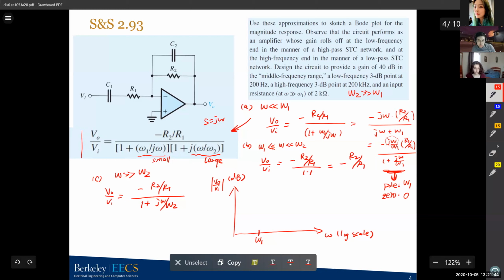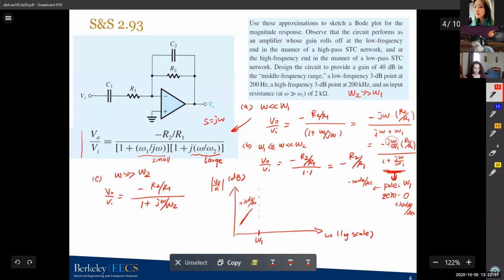So what does the first part look like in the Bode plot? A zero means plus 20 dB per decade. A pole means minus 20 dB per decade. So that's just in the first part. We'll have a zero starting from 0. So at 0, we already have positive 20 dB per decade. This is caused by the zero.